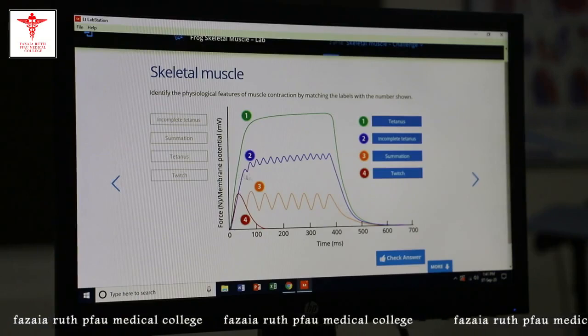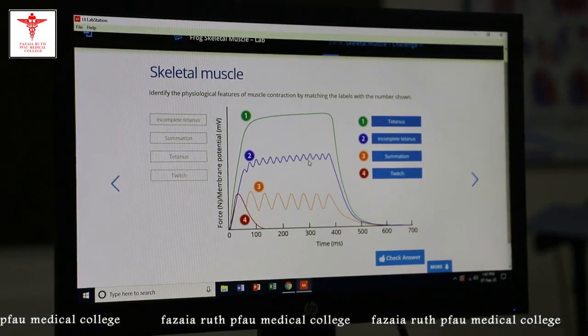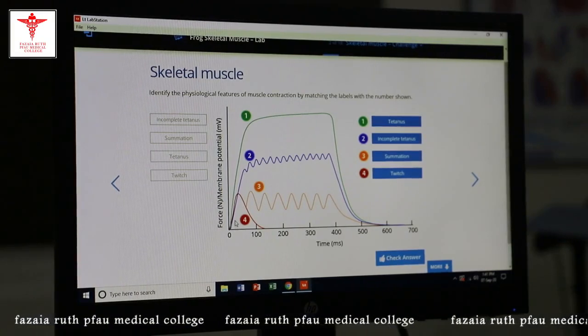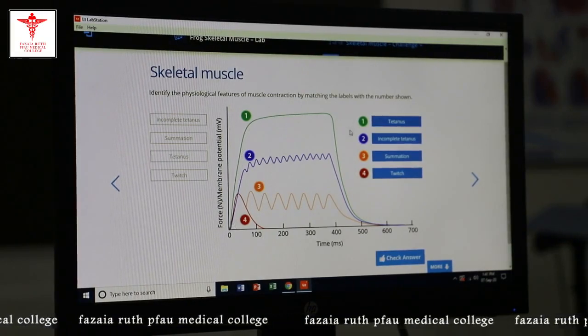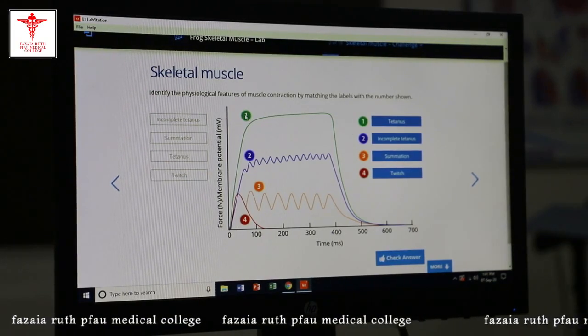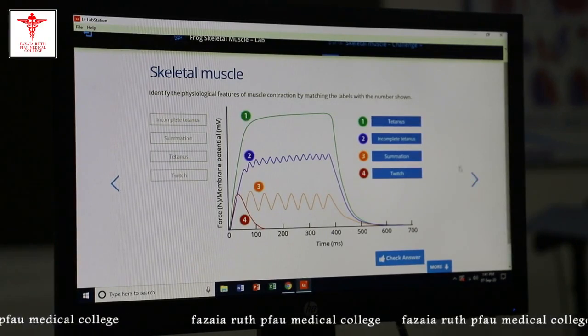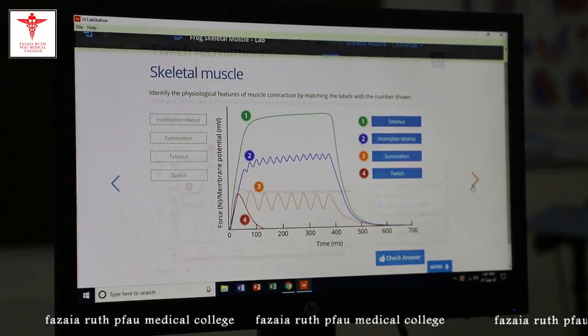And if you see number 2, this is incomplete tetanus, and number 1, the green line, the green graph is complete tetanus. And further we will learn about each of them in detail.